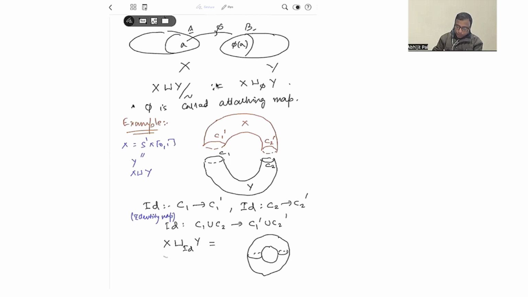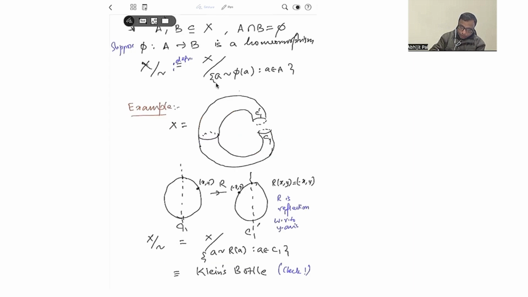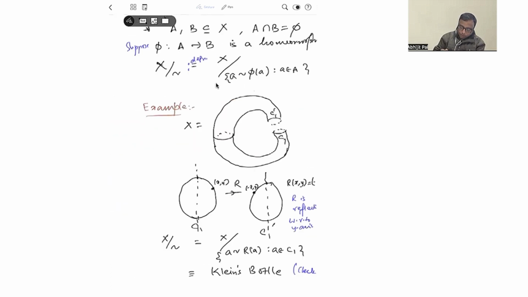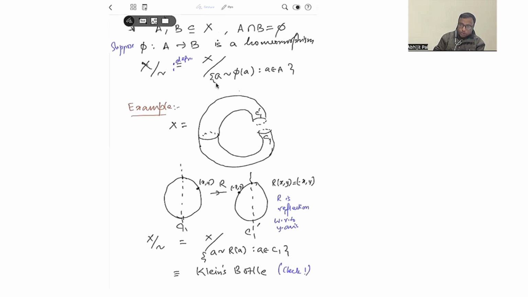The space you will get is just the torus. This we have discussed earlier. Instead of taking the identity map, if I take an orientation reversing map, then the space will be the Klein bottle. That is written here, and I am not repeating it.